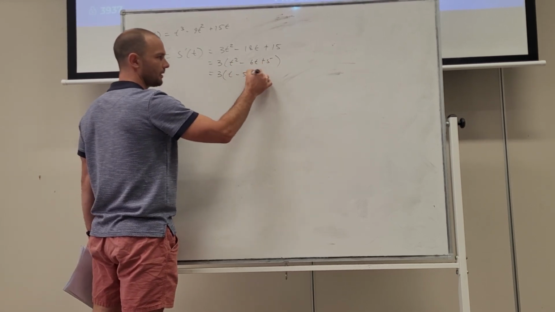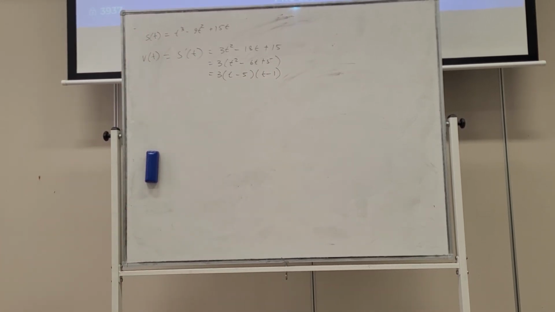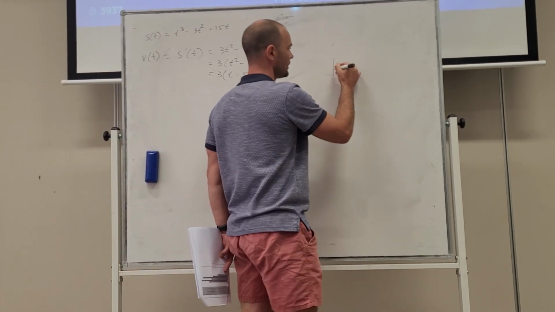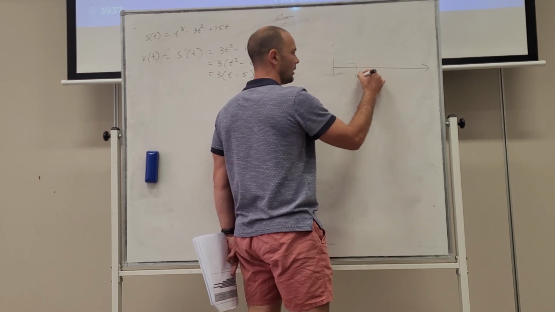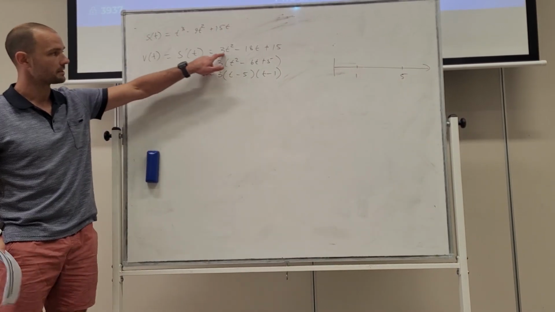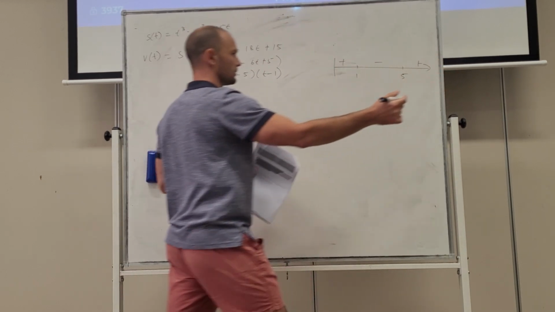That'll be t take 5 and t take 1, which means the roots are 1 and 5. For the velocity sign diagram, we have 1 and 5. It's a quadratic that has a positive a value, so we would have positive, negative, positive.